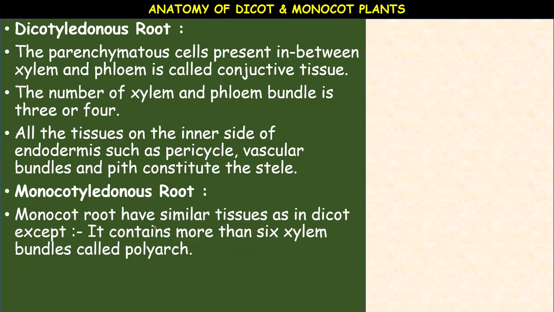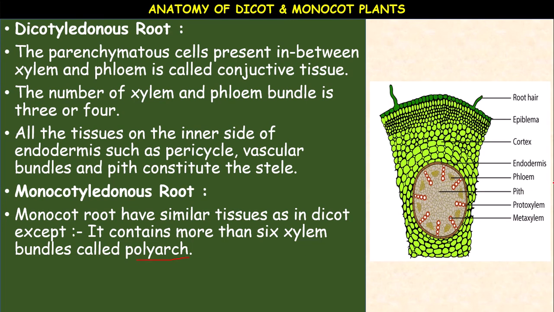Next, the monocot root or monocotyledonous root. The monocotyledonous root has similar tissues as in the dicot, except it contains more than 6 xylem bundles, called polyarch xylem. So, you can see polyarch xylem, many xylem bundles are present. Similar root hairs are present, epiblema, then beneath that the cortex, and next to the cortex the endodermis, and then phloem, pith, protoxylem, metaxylem.